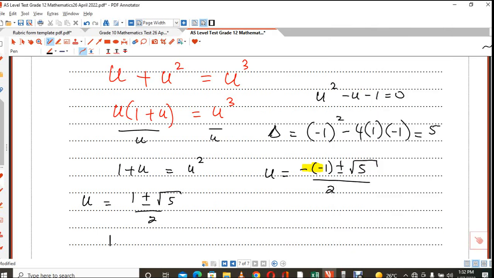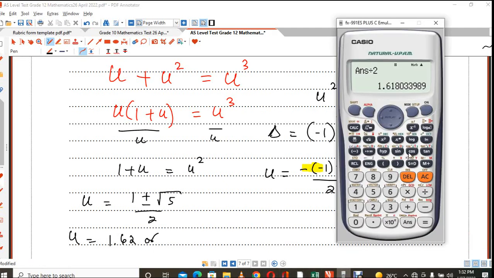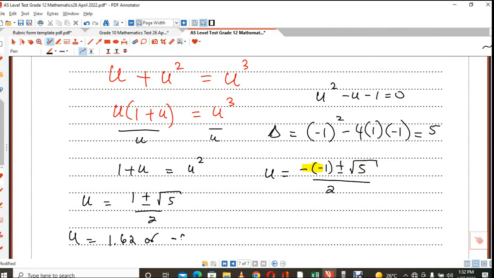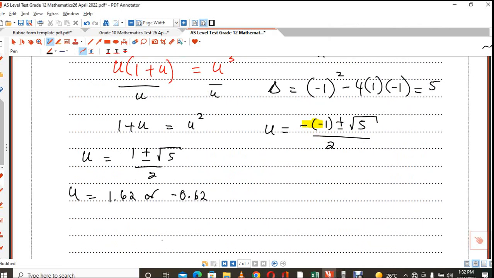So one answer is u equals 1.62, or if you go back, it was 1 minus root 5 upon 2, that gives you negative 0.62. I'm going to leave it there so that you can see what's going to happen.